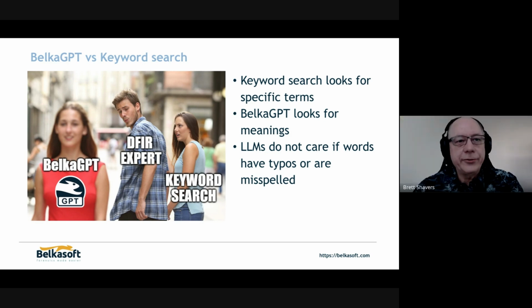Even in electronic discovery cases, the attorneys are arguing over which keywords, and sometimes you end up with a list of 500 keywords, trying to capture every type of word that refers to whatever they're looking for.